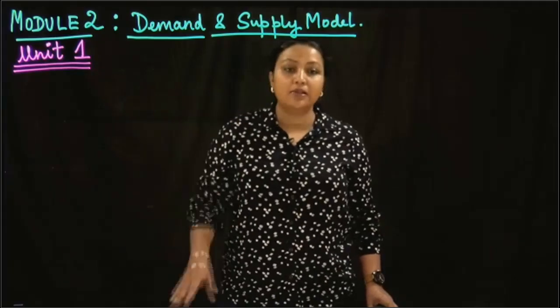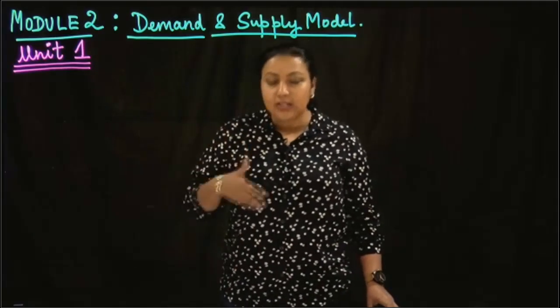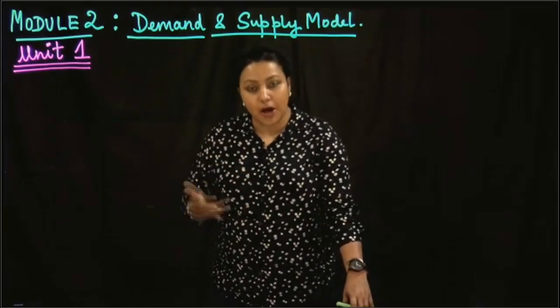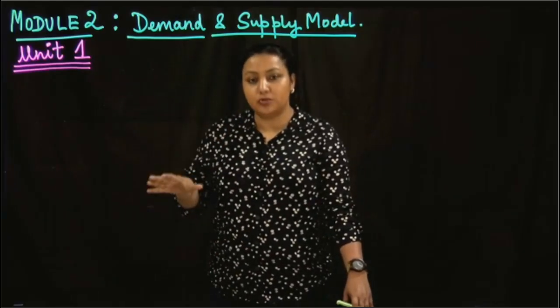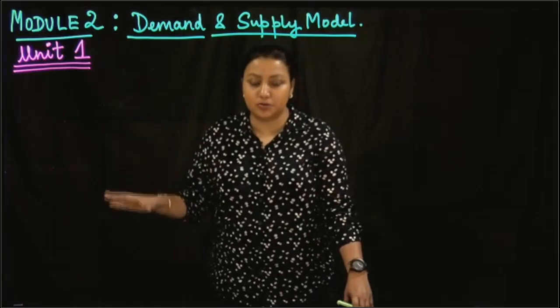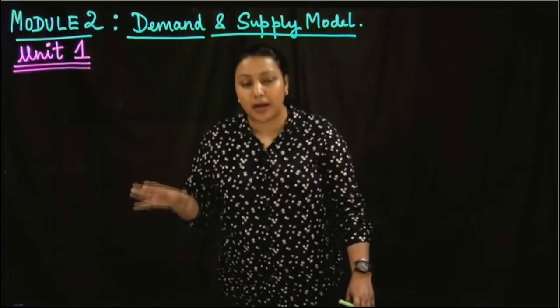Now in the demand and supply model we really study these interactions of the buyers and the sellers. When we look at things from the buyer's perspective, it is called the demand model.